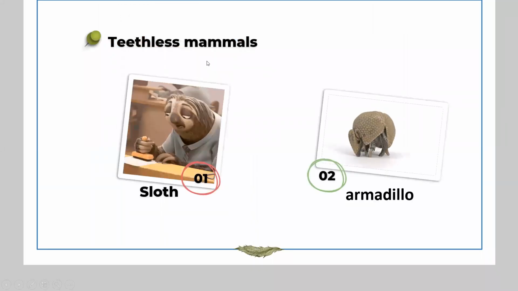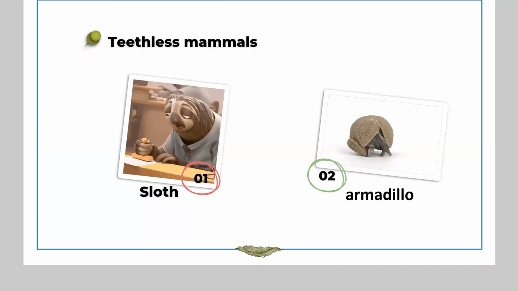Teethless mammals, like the sloth. The sloth has no teeth. The sloth moves slowly. And the last example for teethless mammals is the armadillo.